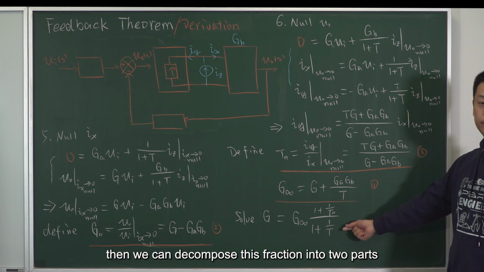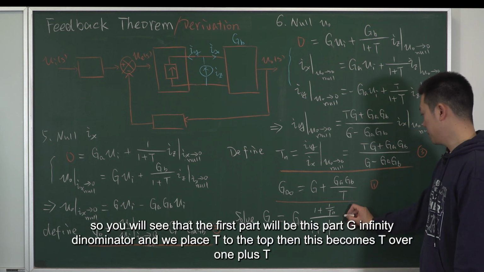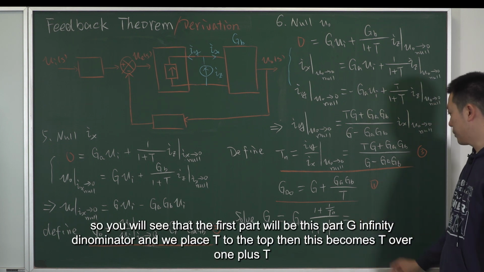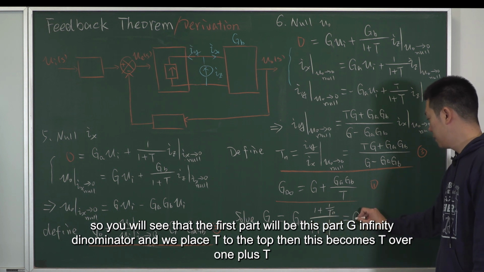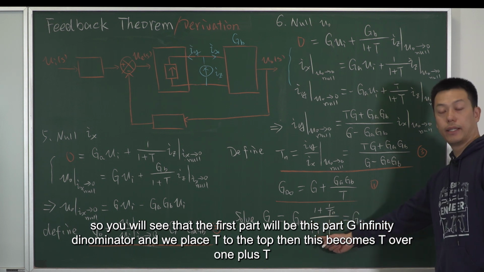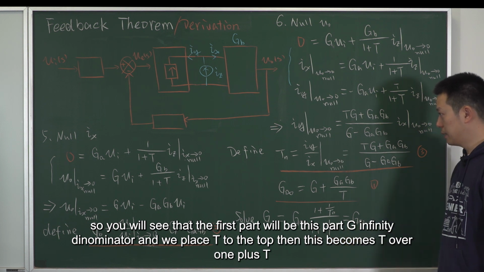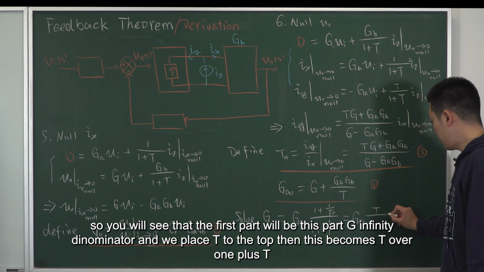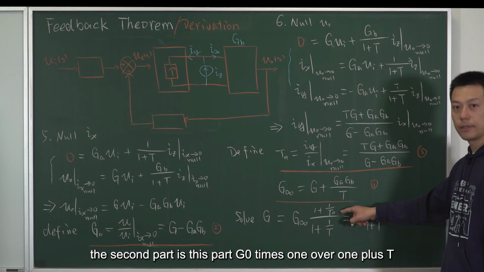Then we can decompose this fraction into two parts. You will see that the first part will be this part, G infinity, divided by this denominator, right? We place T to the top, then this becomes T over 1 plus T. The second part is this part, right?